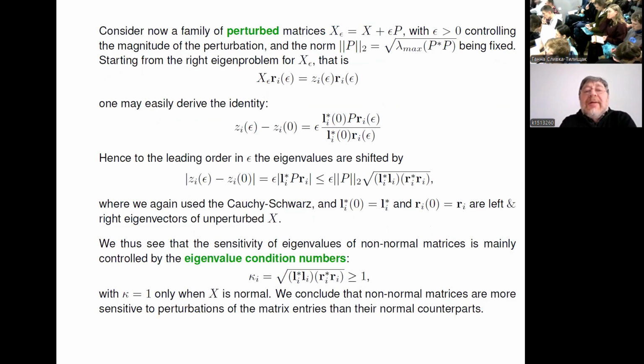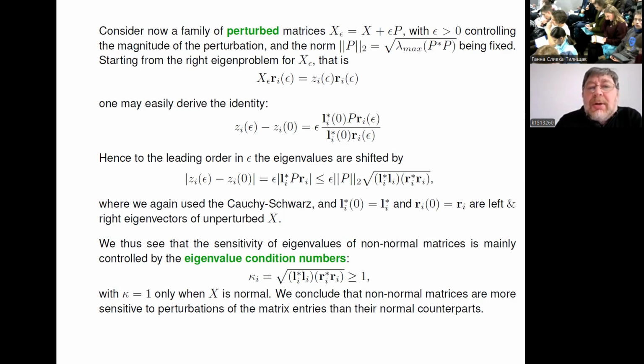Starting with the non-normal matrix X, let us additively perturb it, adding a perturbation of the form epsilon times P, where epsilon, which we can consider real and positive, is a parameter which controls the magnitude of this perturbation, and the norm of the matrix P, say the 2-norm, is fixed.